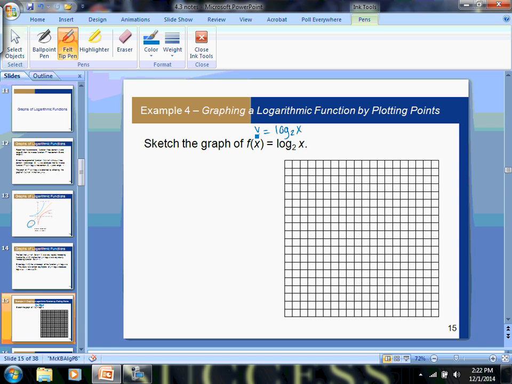That's really challenging here. So we're going to switch the process around. So I'm going to take 2 to the y and set it equal to x. Now normally when we make a function table, we pick values for x and then we solve for y. But that's challenging here. It's much easier to pick values for y and figure out what my x would be. So I'm going to do that.